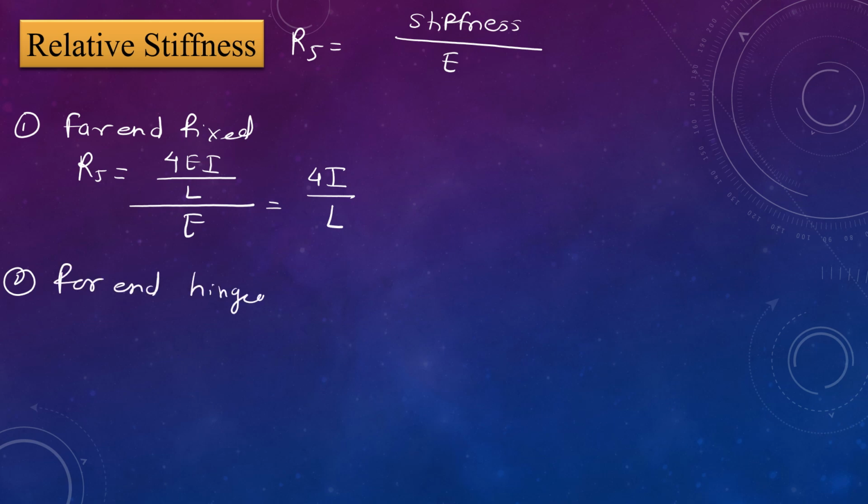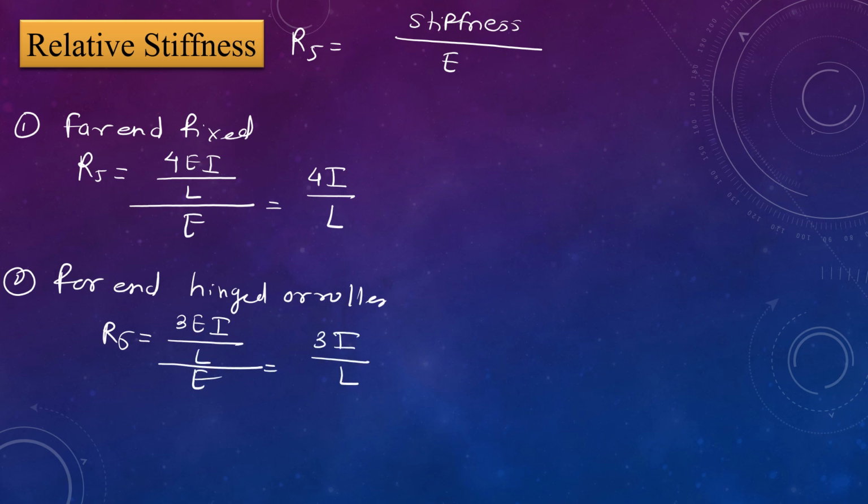Then the relative stiffness is equal to the stiffness 3EI by L divided by Young's modulus, which is 3I by L. This is the value of relative stiffness when far end is roller or hinge.